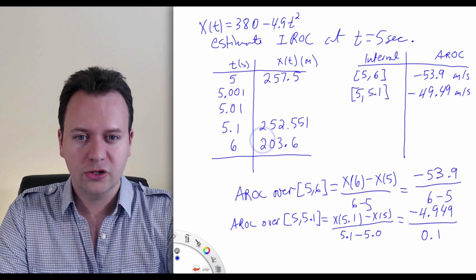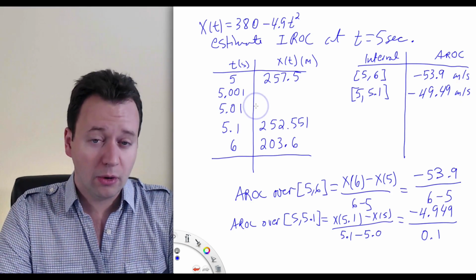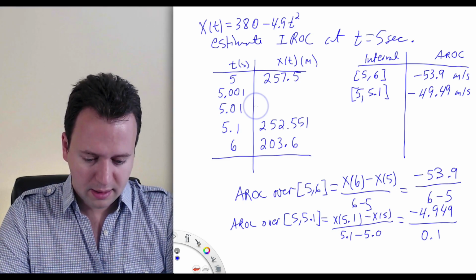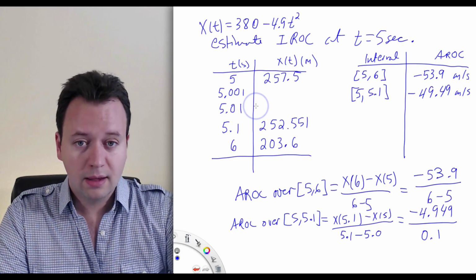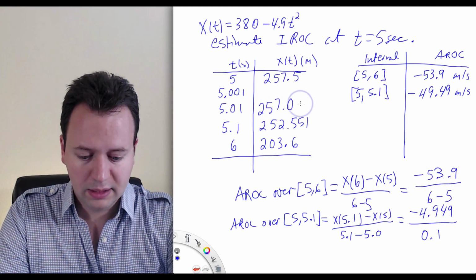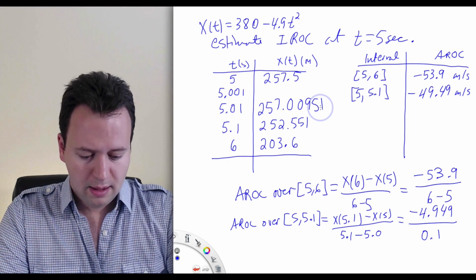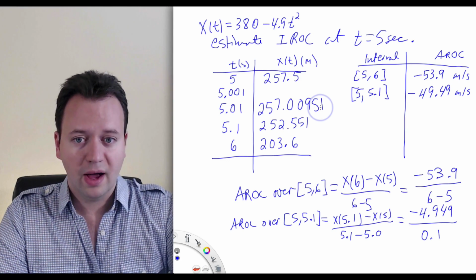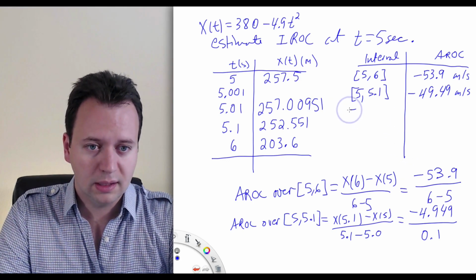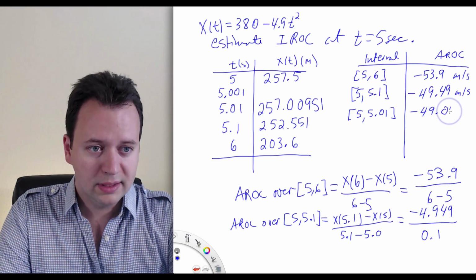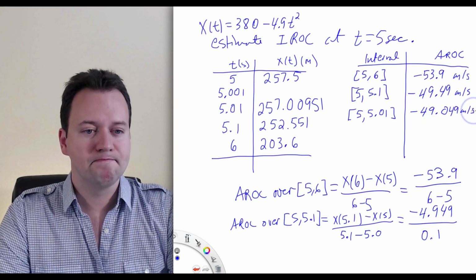Computing the height of the pebble at 5.01 seconds, 5.01 squared times 4.9, and then subtract that from 380, we get a long 257.00951. And if we find the average rate of change using a similar methodology between 5 seconds and 5.01 seconds, we get an average rate of change of minus 49.049 meters per second. Very interesting.